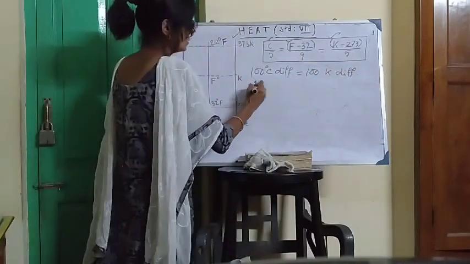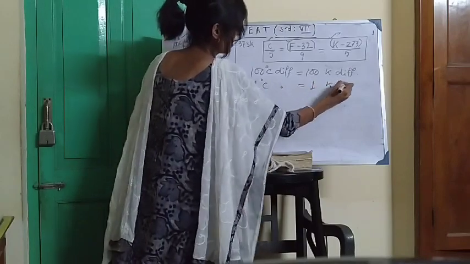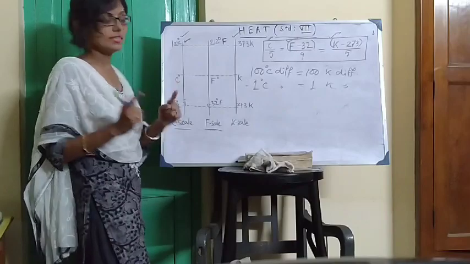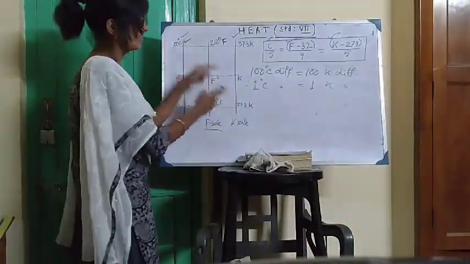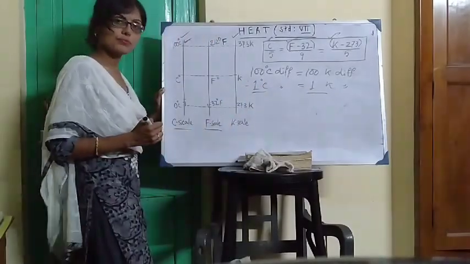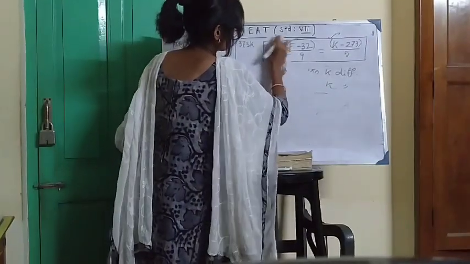That means 1 degree Celsius difference is equal to 1 K difference. So the difference between two successive readings in Celsius scale and the difference between two successive readings in Kelvin scale, both are same. Understood? Suppose, consider numerical.